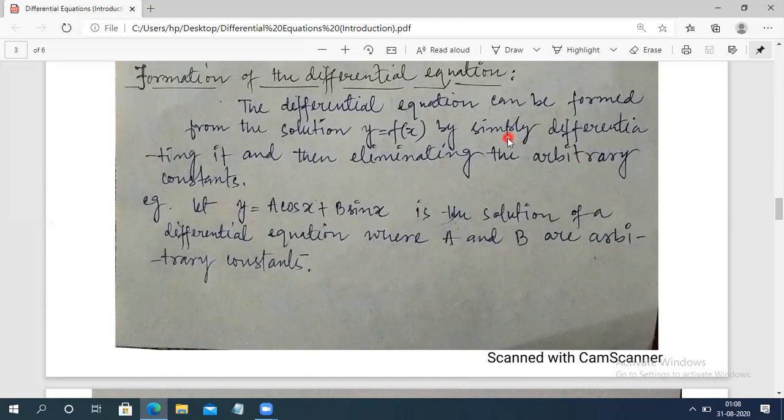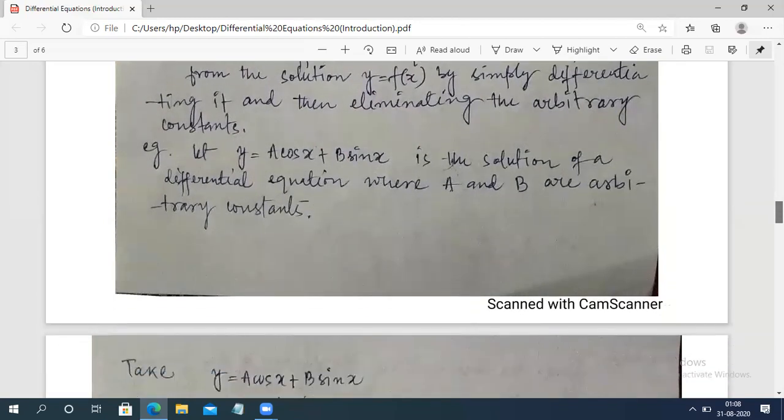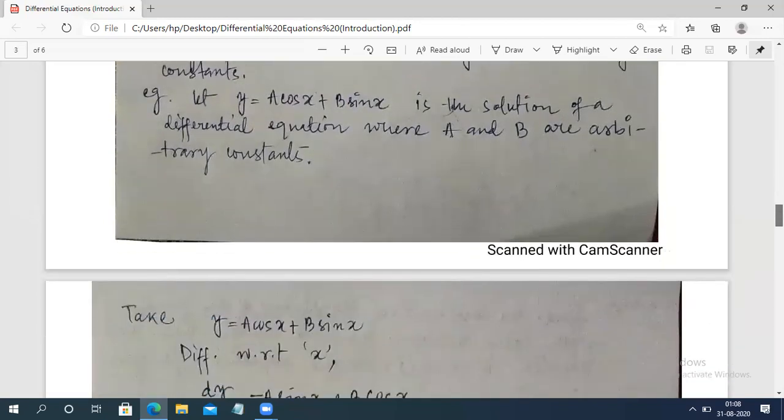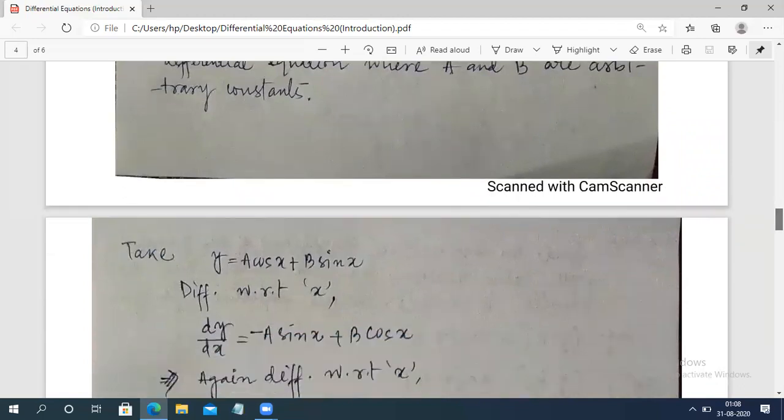I told you the first step is to differentiate the given solution. That means you have to differentiate y equal to a cos x plus b sin x with respect to x. So it will be dy by dx equal to minus a sin x plus b cos x.